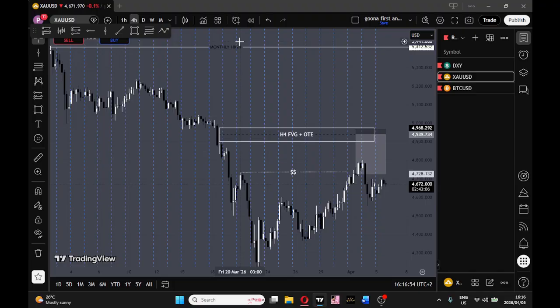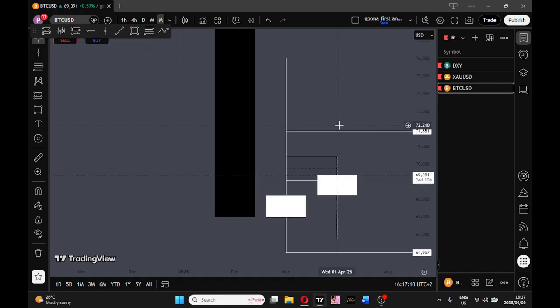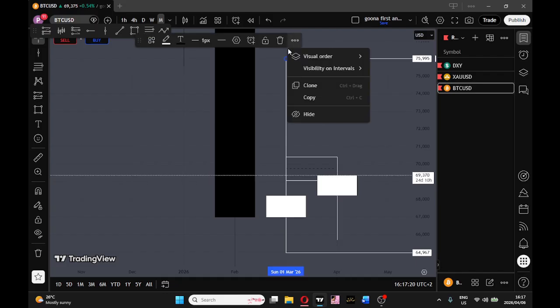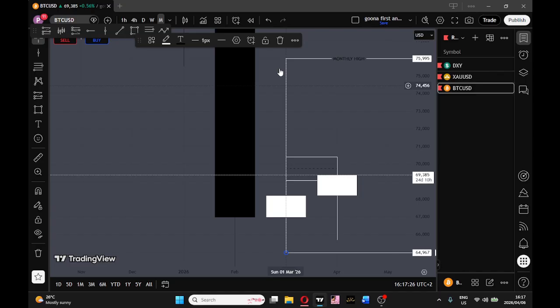In terms of Bitcoin, I think I should just analyze what I see for now. It's pushing up. Let's do this. Monthly high. And obviously this is our monthly low.